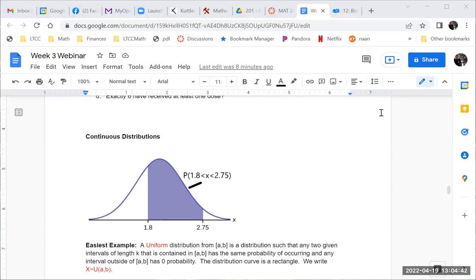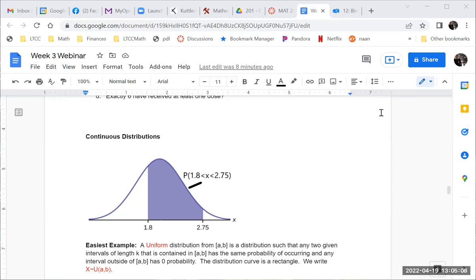That was the definition. If you can't list the outcomes, you can't build a table. Is that clear? Because a table is a list. The first row or column is just a list of all the possibilities. If you can't list them, there's no list. Does that make sense? So what you typically do is you draw a picture and you draw a graph.